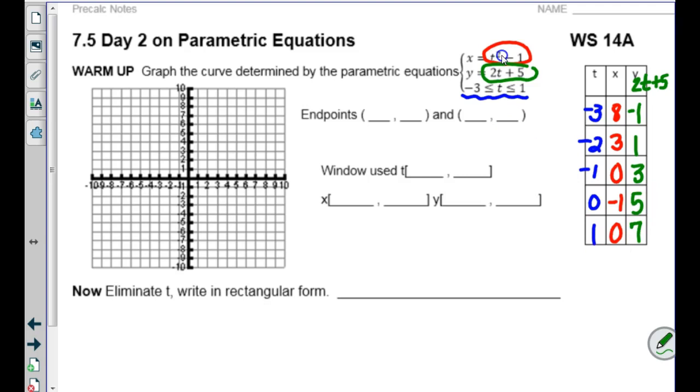So we had a definition in terms of t that helped us find the x values, and a definition in terms of t that found the y. So when we go to graph it, we're only graphing the xy ordered pairs.